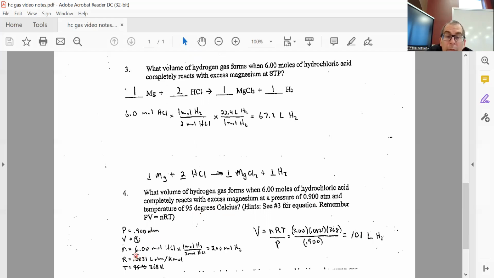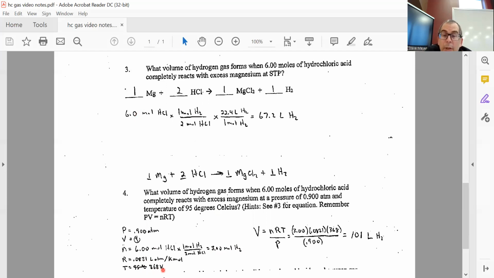Now here I've got to be careful. I'm talking about the number of moles, not of hydrochloric acid, but of hydrogen. So I take the 6 times 1/2, and that gives me 3 moles of hydrogen. Very much like this first step here. I'm using the gas law constant 0.0821 because I had the 0.9 atmospheres here. And then I got the 368 Kelvin. So I took 95, added 273.